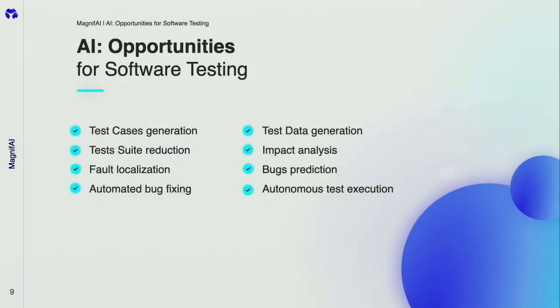Test suite reduction. Again, redundancy is one of our worst enemies. Because when we are spending and investing time on doing things that we already did and are not adding any value, we are just wasting our time. So reducing the amount of test cases that need to be run because we already have those validations performed by some other test case is truly important.